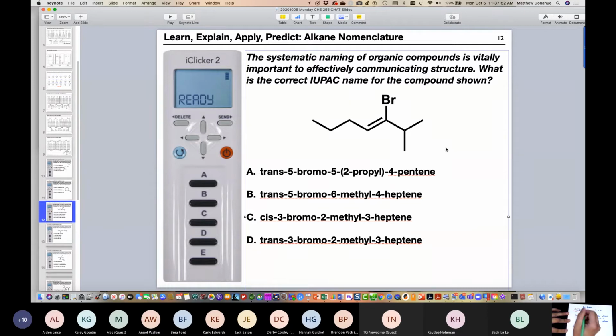So we said that 3 and 4, those are the sp2 hybridized carbons of the pi bond. Now what we're going to do, and maybe I'll just redraw this so it's a bit clearer. Because all of the substituents directly bonded to those carbons are different.